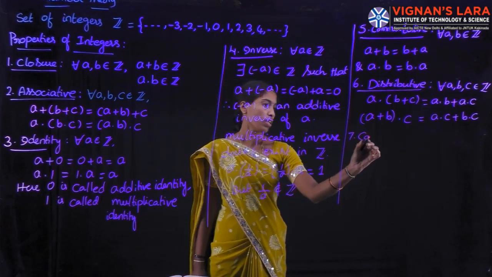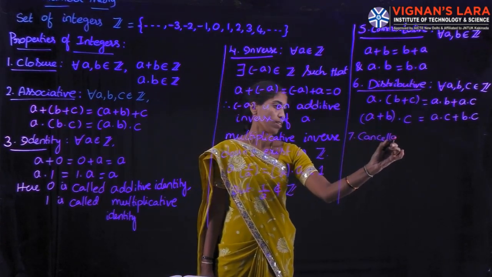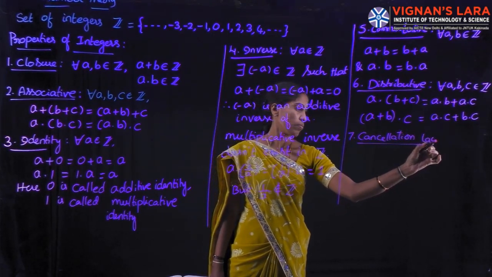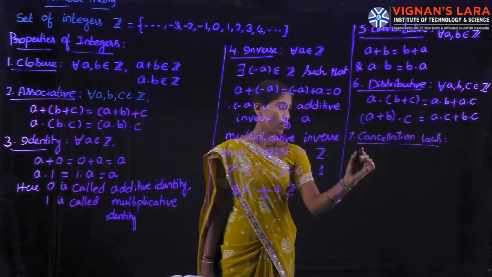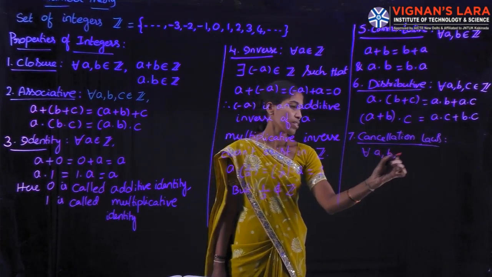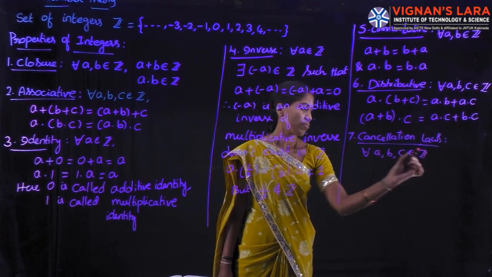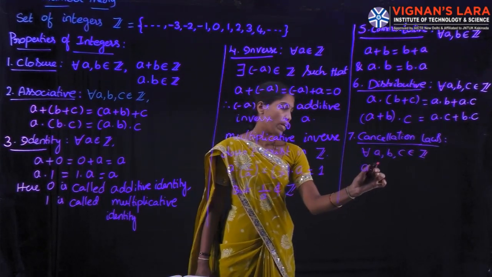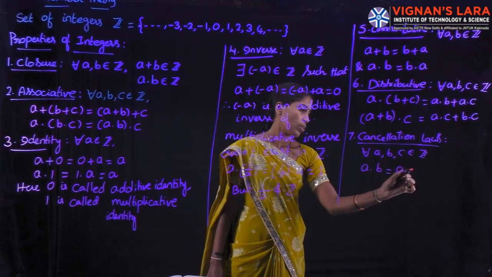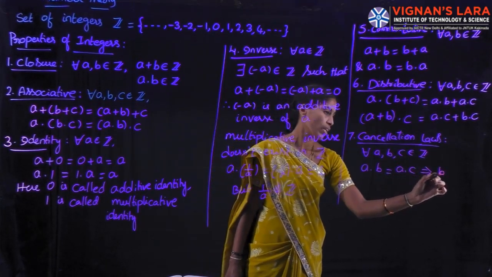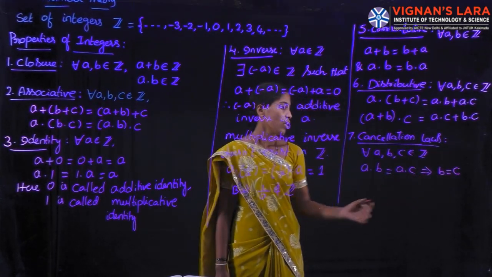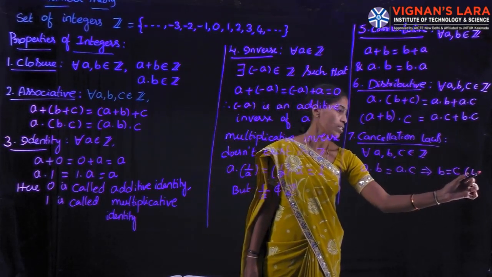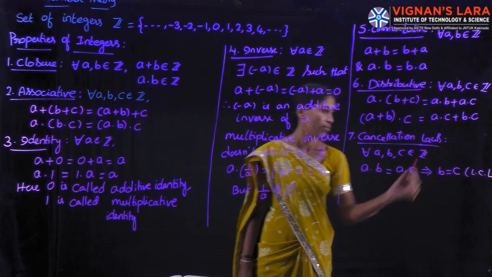The next property, the seventh one, is the cancellation law. For any a, b, c belongs to Z, whenever a into b is equal to a into c, we will get b is equal to c. Because the left side element a gets cancelled, we call it the left cancellation law.